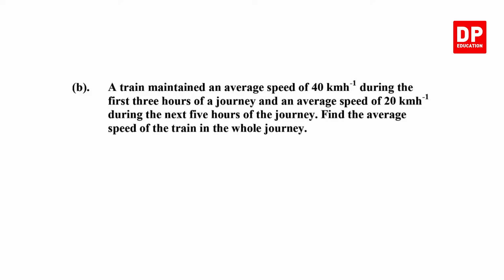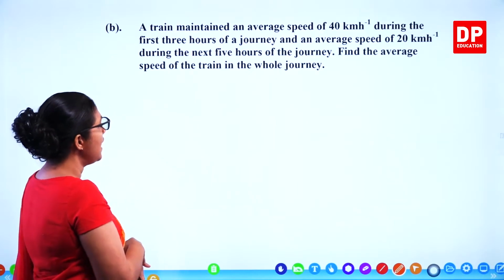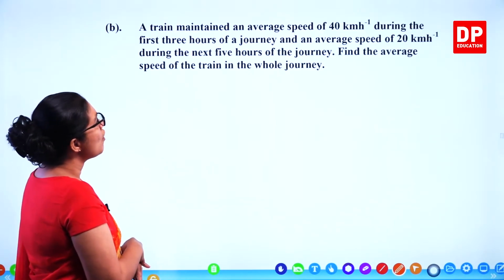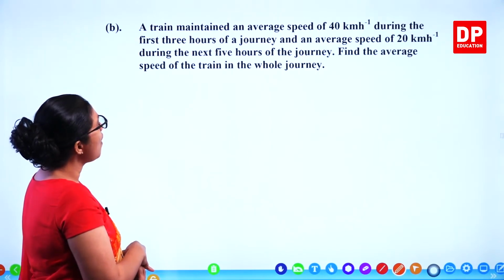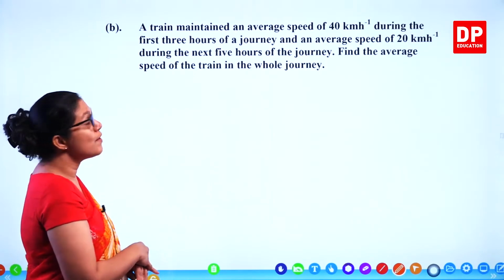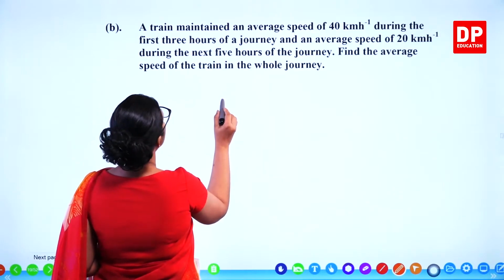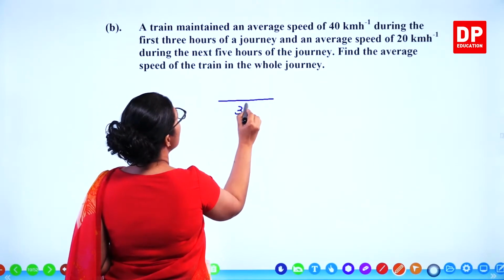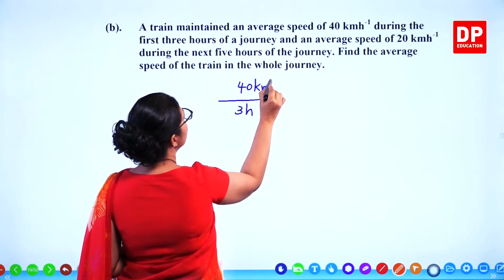A train maintained an average speed of 40 kilometers per hour during the first 3 hours of a journey and an average speed of 20 kilometers per hour during the next 5 hours of the journey. Find the average speed of the train in the whole journey. First 3 hours, 40 kilometers per hour.